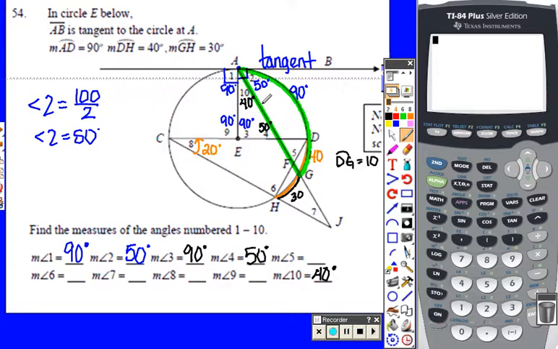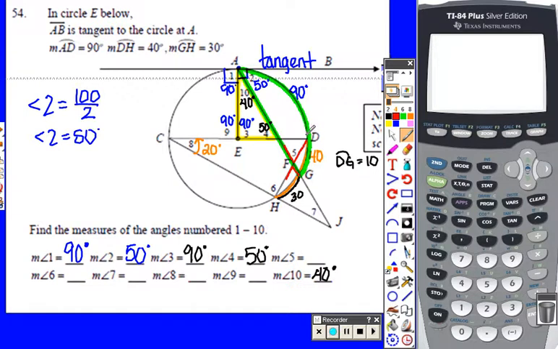And again, that's because this whole triangle here has a sum of 180. And if I already know 2, then I can just subtract to get the last. Looking for angle 5. Angle 5, if you notice, intercepts two different arcs.